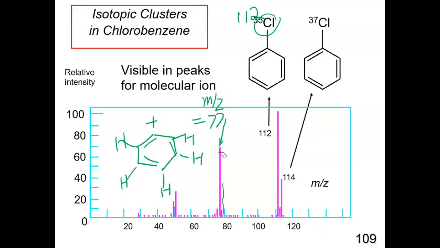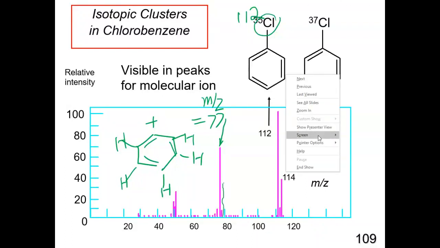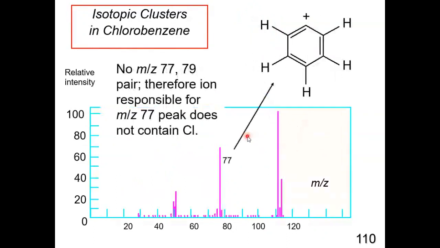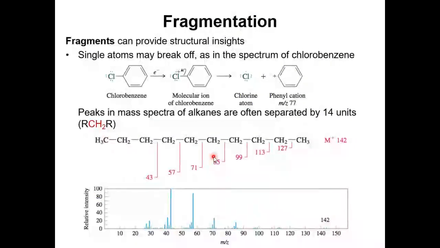It's correct. So that's how we utilize isotope information to help us identify what kind of species you have in the spectrum. So the ion responsible for the 77 peak does not contain chlorine, so most likely it is the phenyl cation.